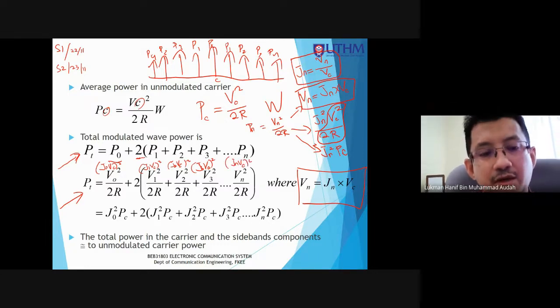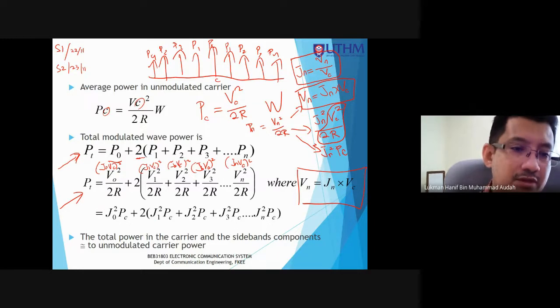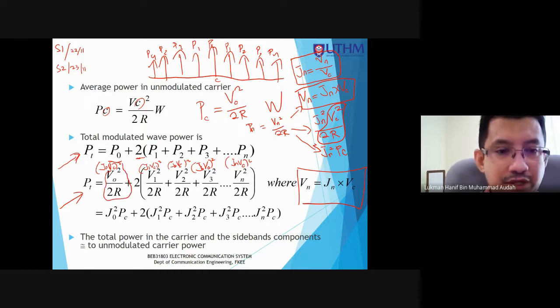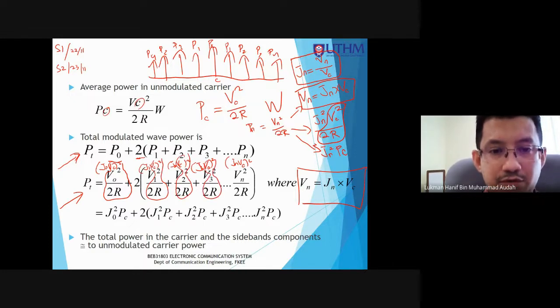Okay, so this has a carrier power component. Kalau you lihat sebenarnya ini macam yang saya buat tadi lah di sini. So di sini ada a carrier component power. Okay, Vc square over 2R.